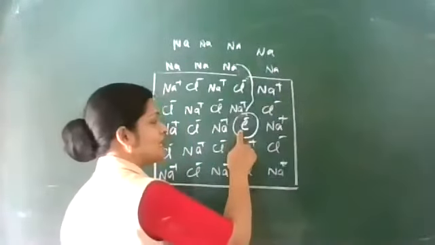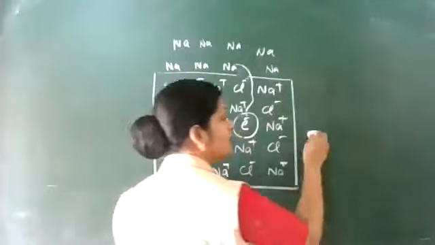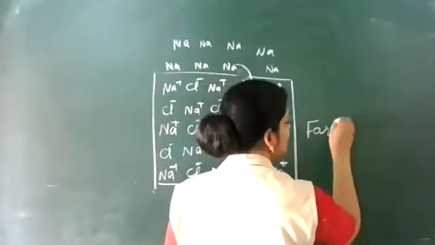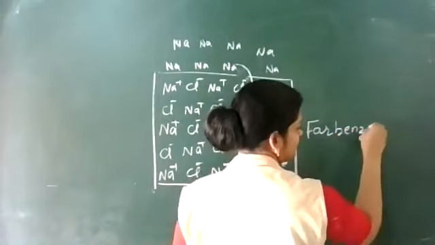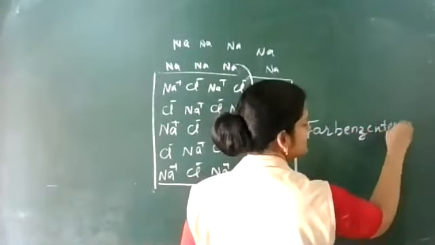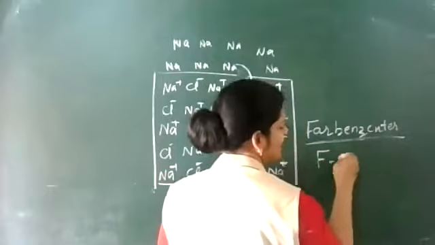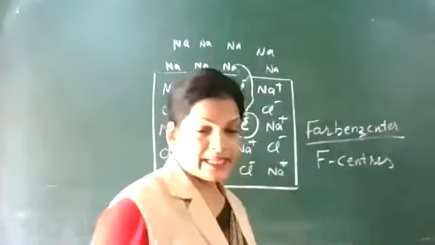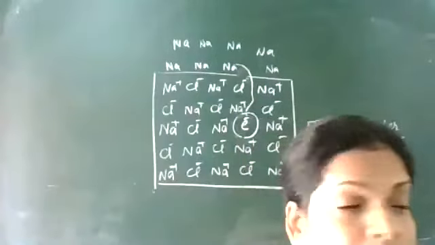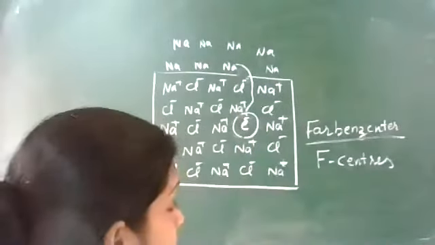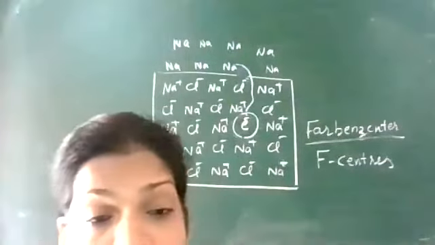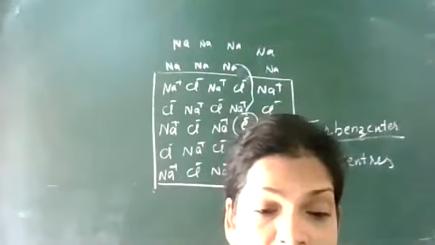The place where the electron is trapped is called color center, or it is called F center. This is the reason for the color.